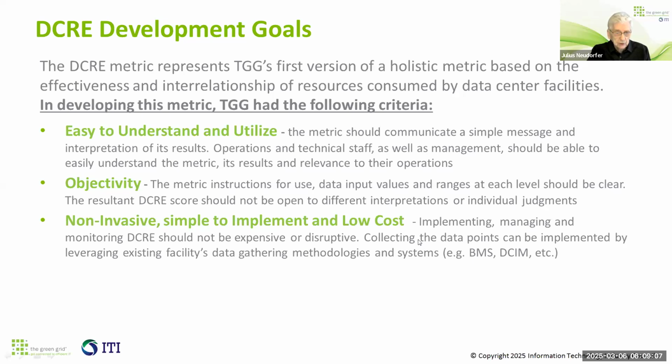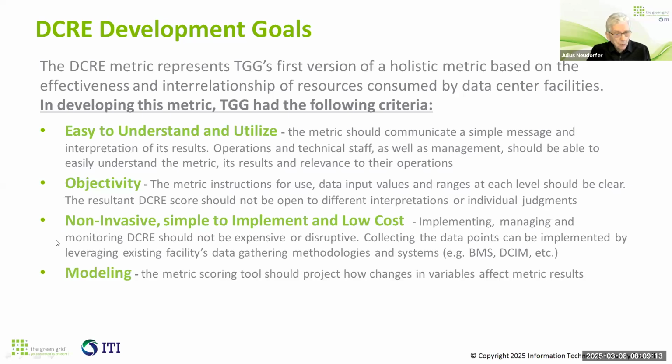So we're not looking to make this expensive to understand or use in any way, shape, or form. What we hope to accomplish is a multi-purpose tool. It can be used as a modeling tool because you can simply select in the tool, and we'll cover that in a moment, what you're doing now, what you may want to do, and see the impact on the scoring mechanism. We'll show that to you shortly.